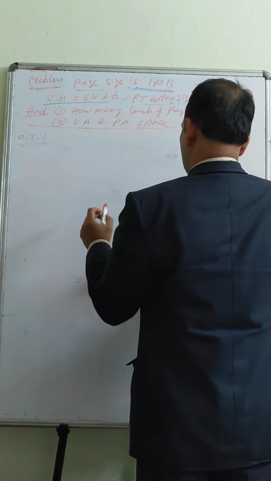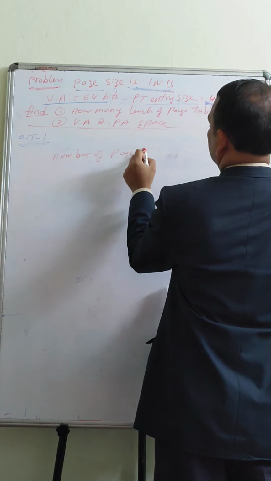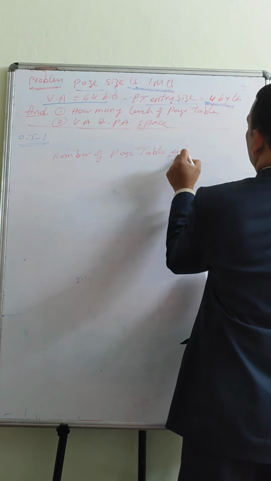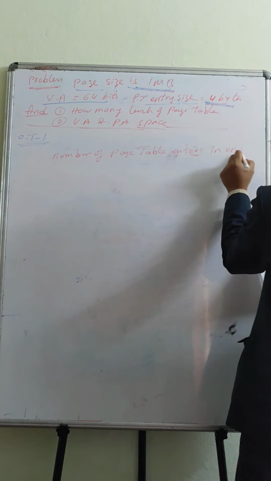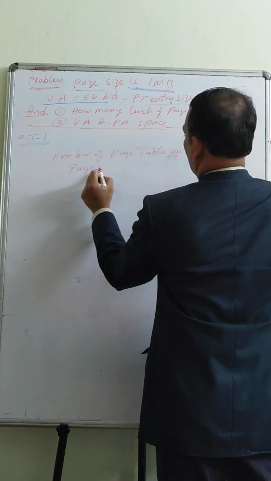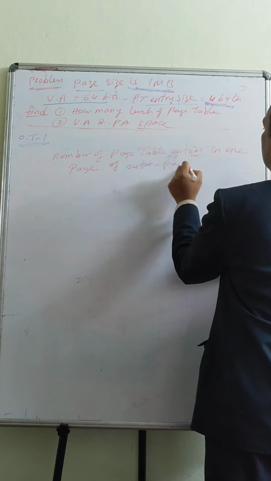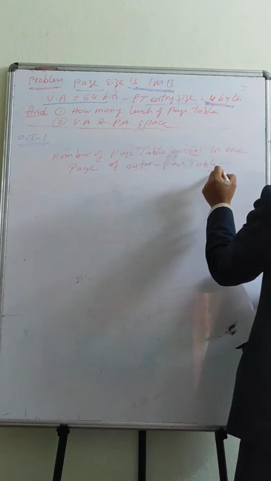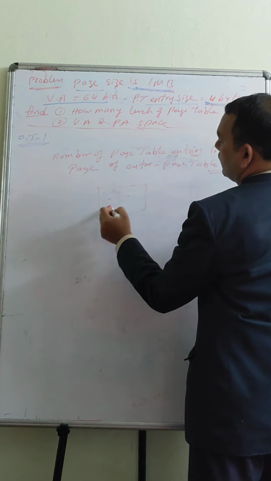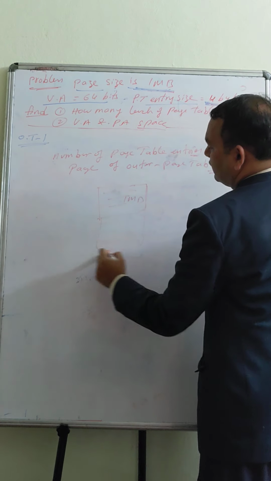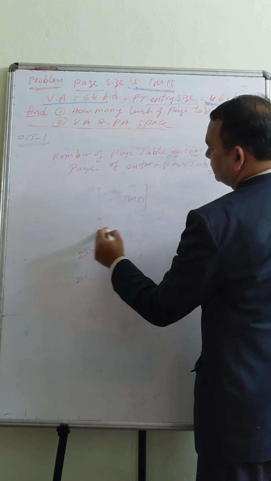We'll calculate the number of page table entries in one page of outer page table 1. You see, one page size is 1 MB, and like this, there are 0 to 255 pages.